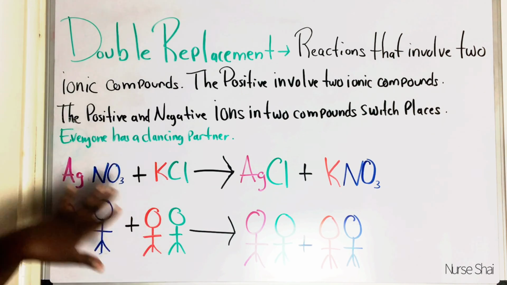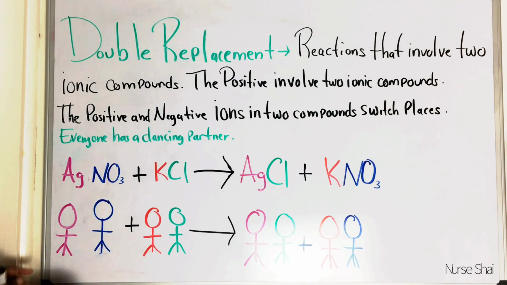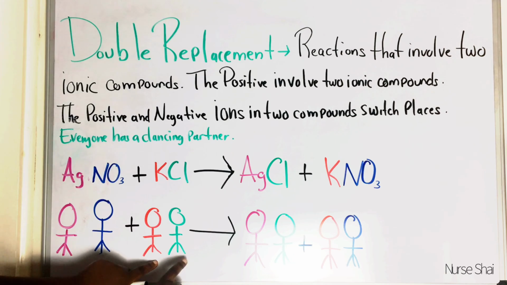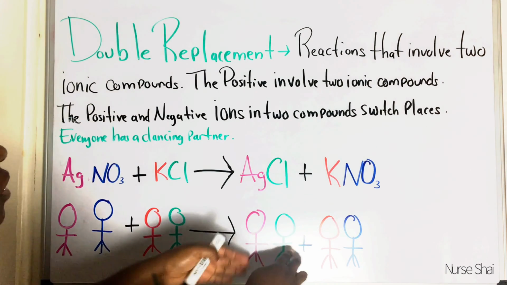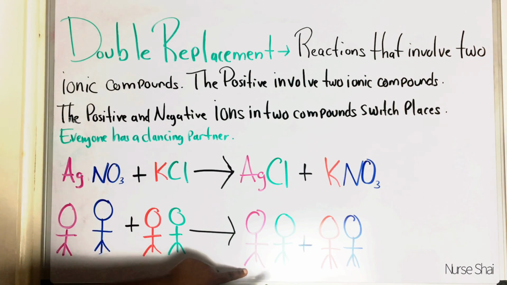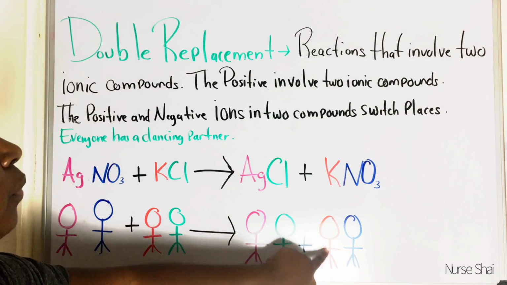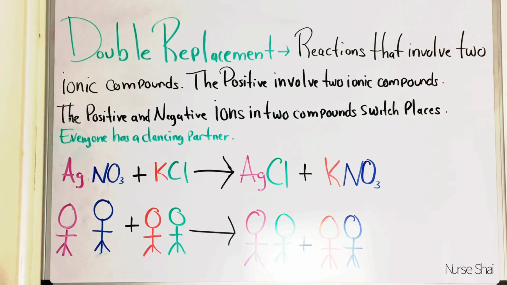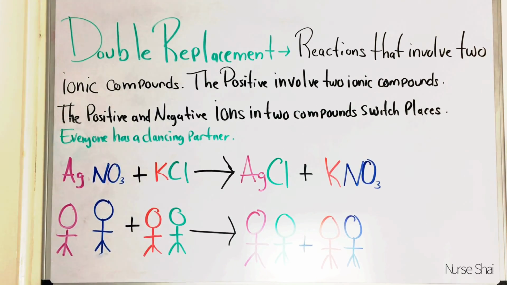But in double replacement, everybody has a partner. As you can see, we have pink and blue together, and then we have red and green together, and then they basically switch partners, because now pink is with green and red is with blue. That's pretty much what you're looking for. This is pretty much what I use to identify a double replacement reaction. You might be asked to identify one on the test.